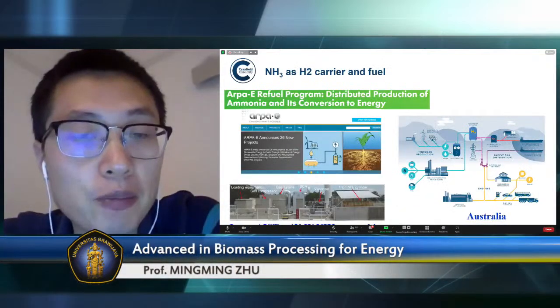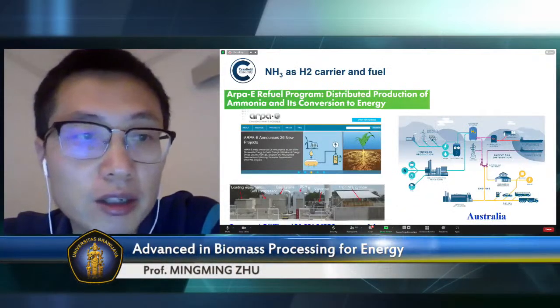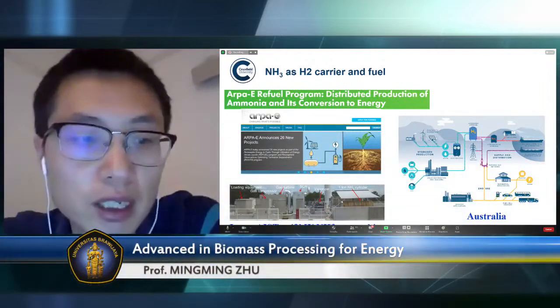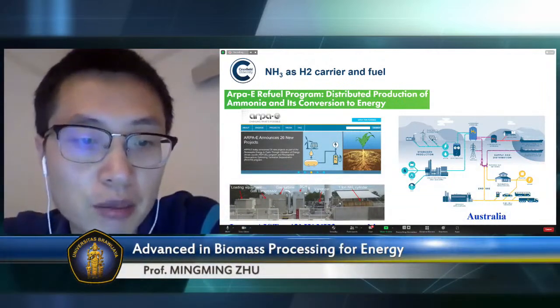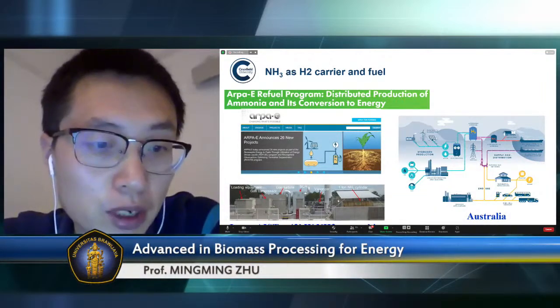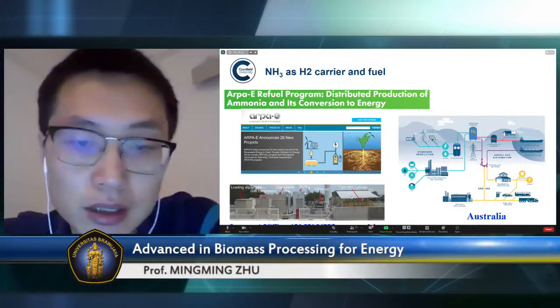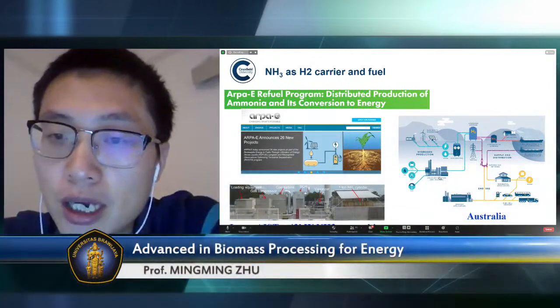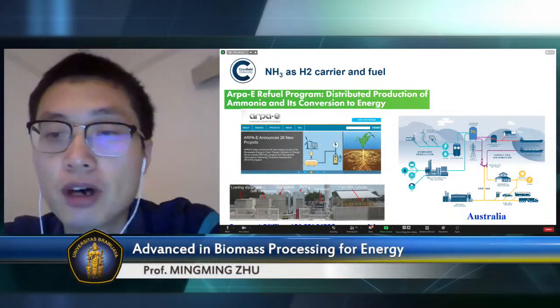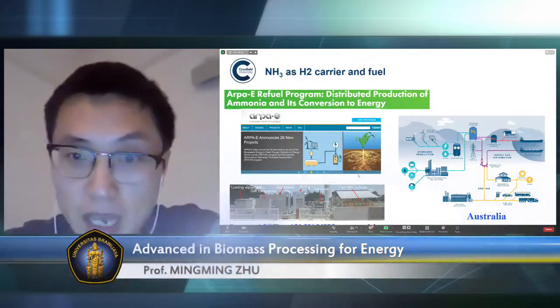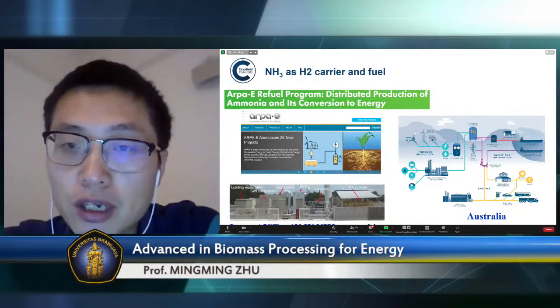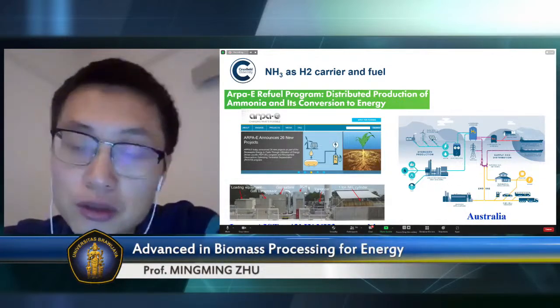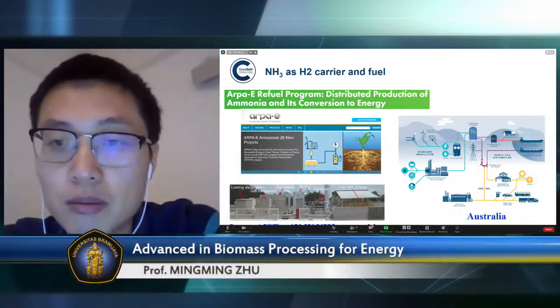So in Japan, for example, they are very ambitious to use ammonia as a fuel. They have already demonstrated ammonia in gas turbines. And in Australia, they try to develop ammonia energy. Basically, they have abundant solar energy, and they use solar panels to produce hydrogen and convert hydrogen to ammonia.